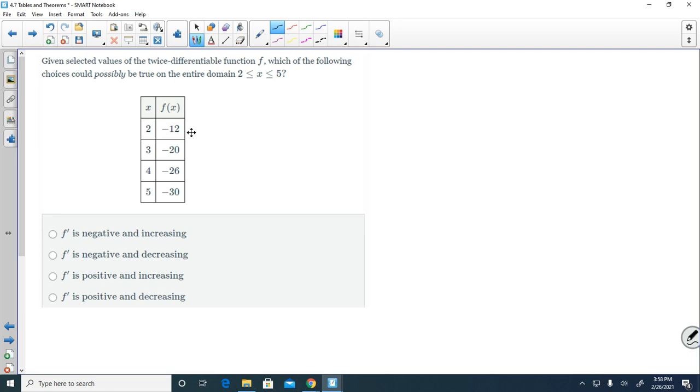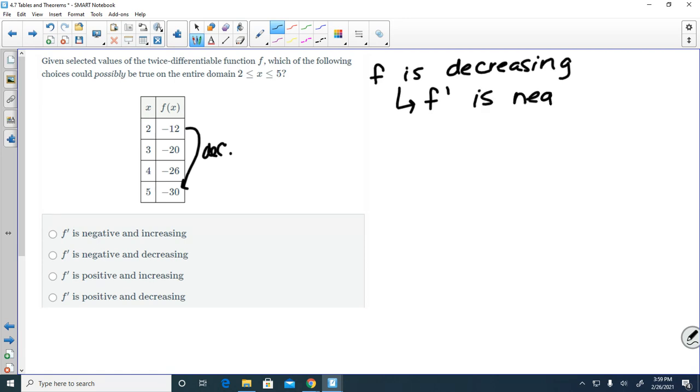Okay, well, it looks like f is negative 12 to negative 20 to negative 26 to negative 30. Looks like f is decreasing. So if f is decreasing, then that tells me f prime is negative.